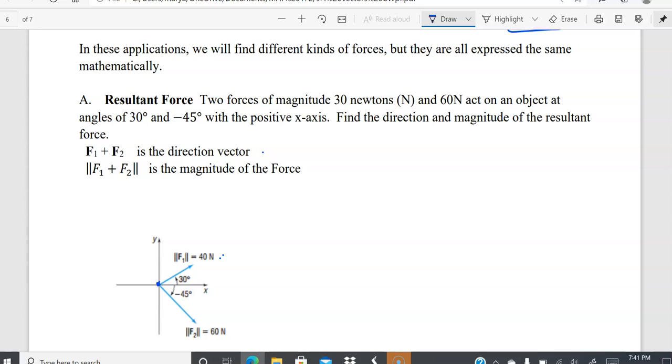We need a new direction vector telling us where it's going to go, and then we need to know the magnitude of that new vector. But in order to add them, we have to write them as vectors. So you first write it in polar form, then change it to rectangular form so you can add them.